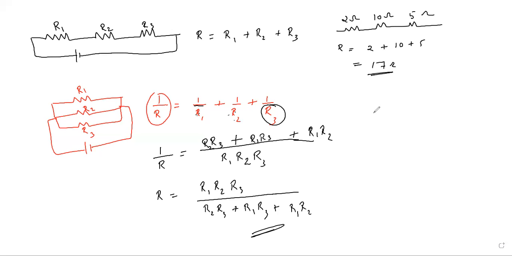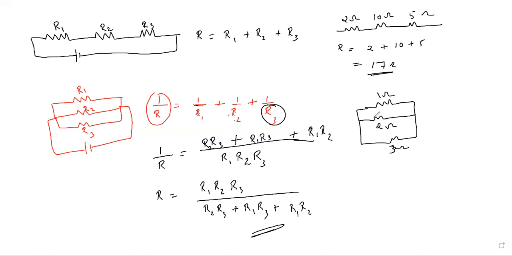For example, for the sake of simplicity, we can take three simple resistors. Suppose the first one is 1 ohm, the second one is 2 ohm, and the third one is 3 ohm, which are connected in parallel.